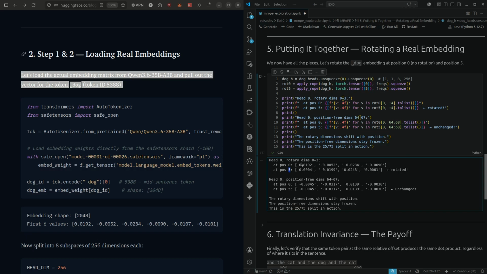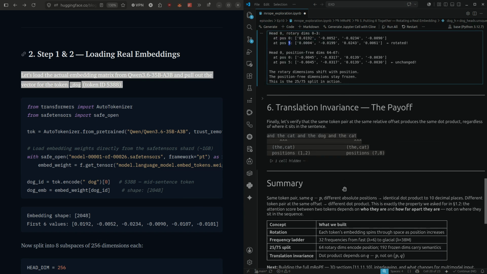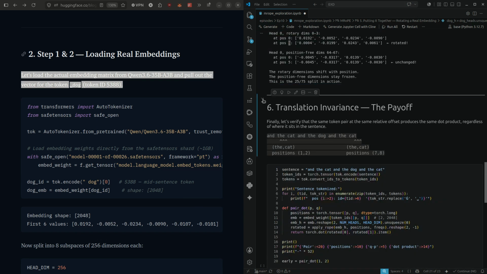Okay, and these are the dimensions that do rotate. Remember, this is head 0, and you can see that the position-free dimensions haven't changed. Okay, we have taken the vector for dog. We have applied this thing that we have described, and we have rotated only some of the dimensions and left the others unchanged.